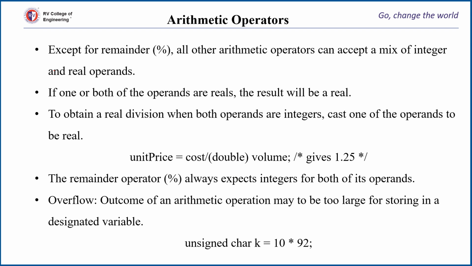Now a few things to note when we are dealing with arithmetic operators. In the case of binary operators, that is plus, minus, multiplication, division and modulus, all these operators except the modulus operator can take a mix of integer and floating point values as their operands, but for the modulus operator the operands must be integers.